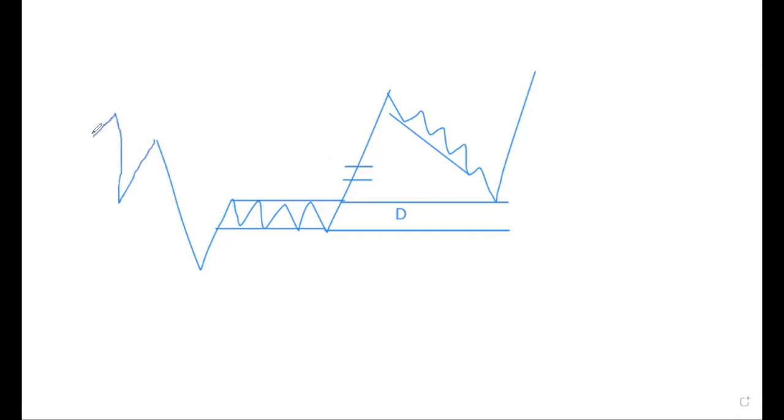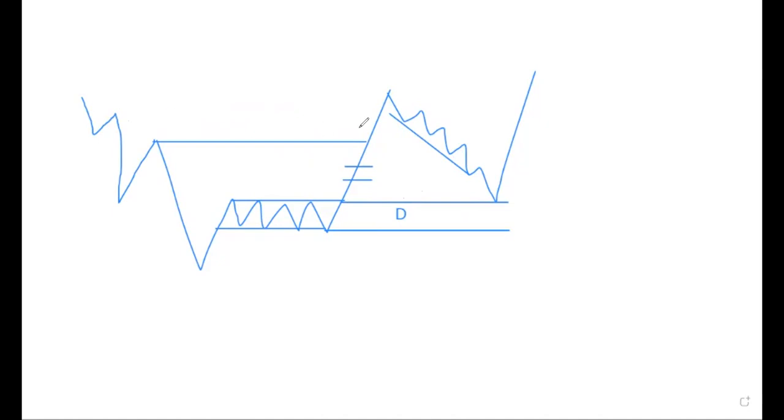The market will move this side. You should see a break of market structure. I hope you all remember the break of market structure. So there is one break of market structure before the market forms the demand zone.